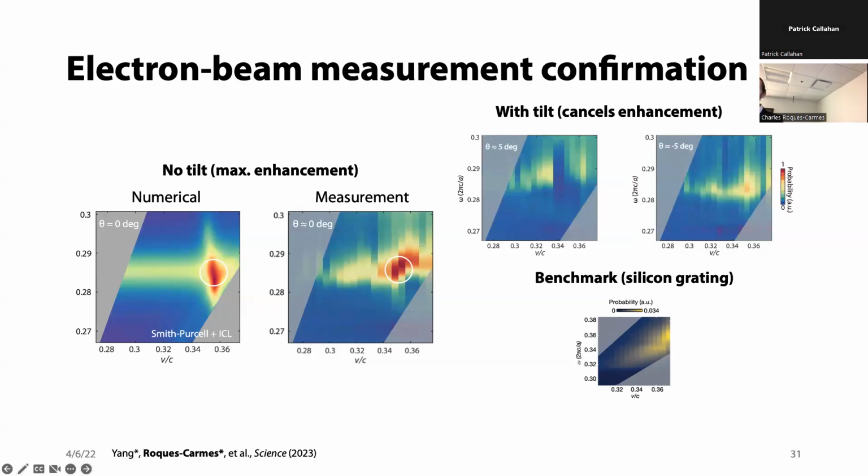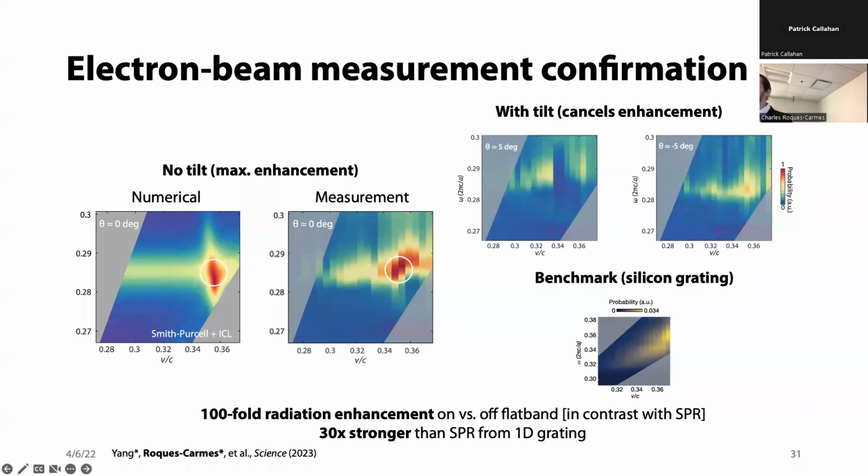You get a pretty monotonic evolution as a function of the energy, and there's no proper resonant feature at a given velocity and electron energy. So taken together, this is a very strong indication that at some velocity, we did achieve flat band enhancement.